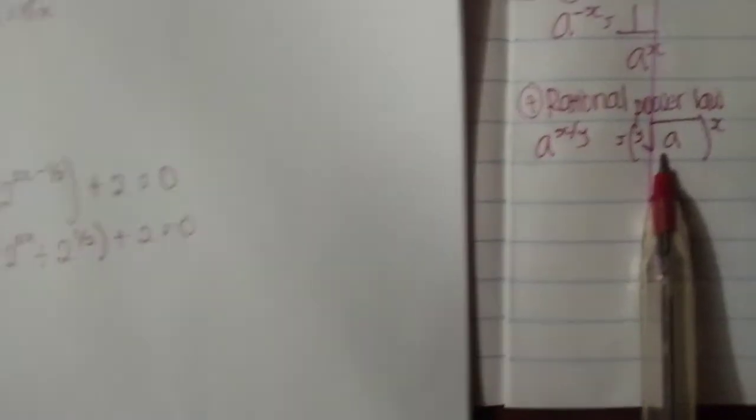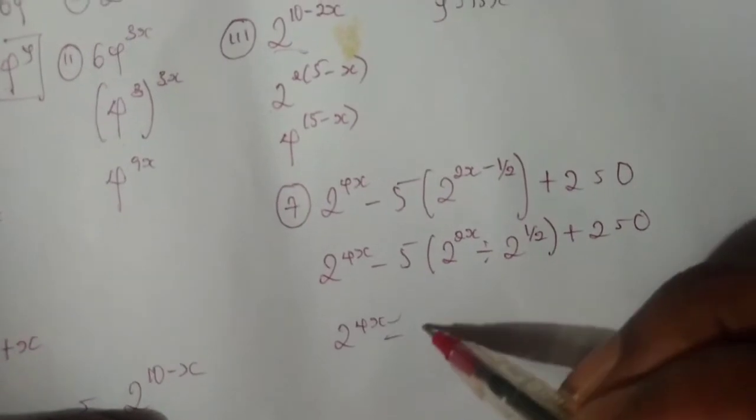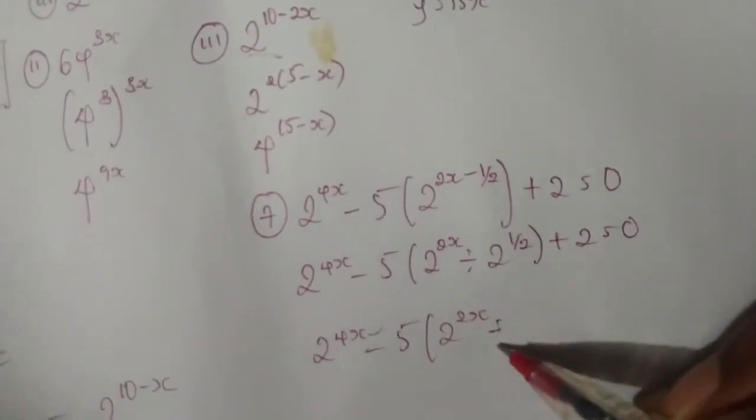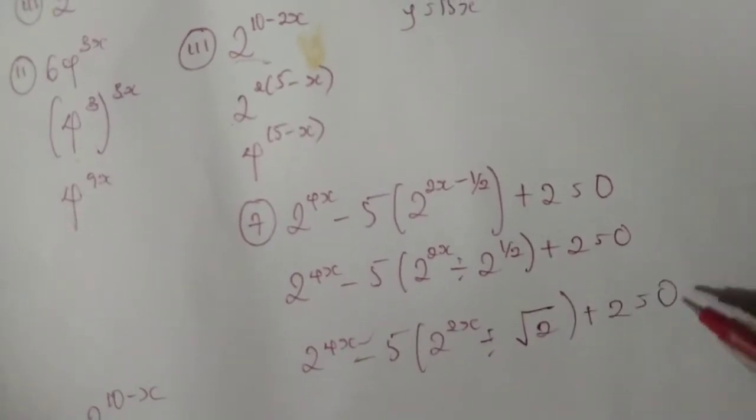From the rational power law, I can write this in this form. So you have 2 to the power of 4x minus 5 bracket 2 to the power of 2x divided by root 2, plus 2 is equal to 0.